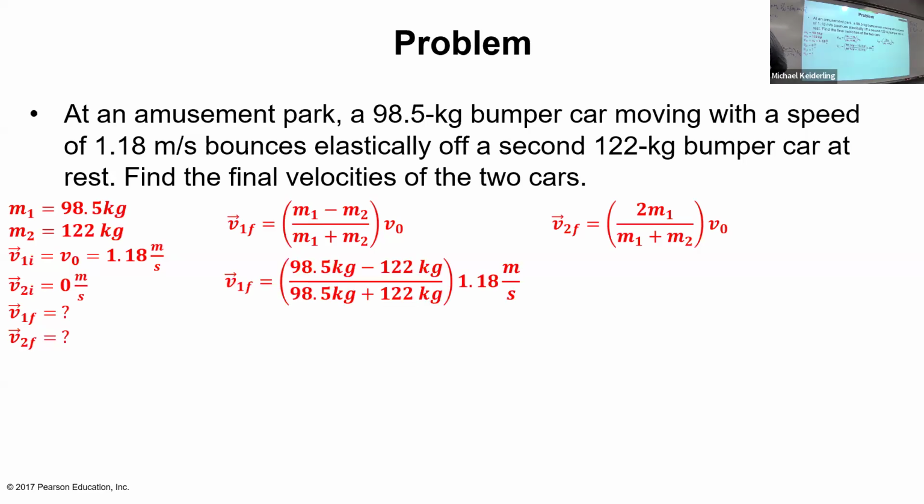So V1 final is going to be 98.5 kilograms minus 122 kilograms over 98.5 kilograms plus 122 kilograms times 1.18 meters per second, which comes out to negative 0.126 meters per second.